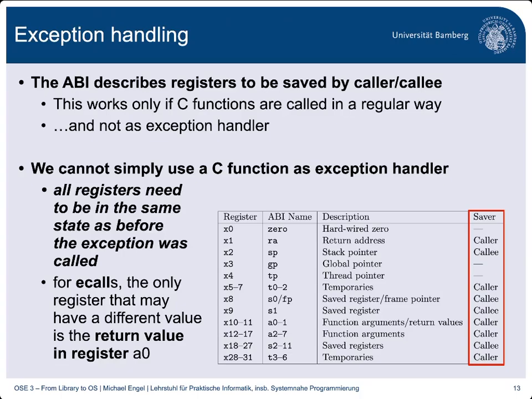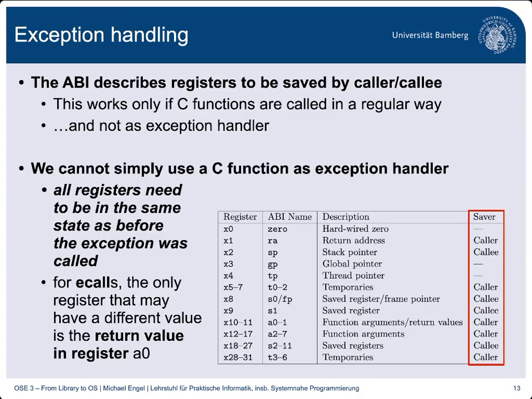Now you could say, oh, we know there's an eCall, we could insert code, but the compiler doesn't know what an eCall does. And we also said exceptions can happen in different circumstances, like for example trying to divide by 0. And of course, if we just have a division instruction, just in case something can go wrong, saving all the registers before doing the division and restoring them later, you can imagine this is a huge overhead.